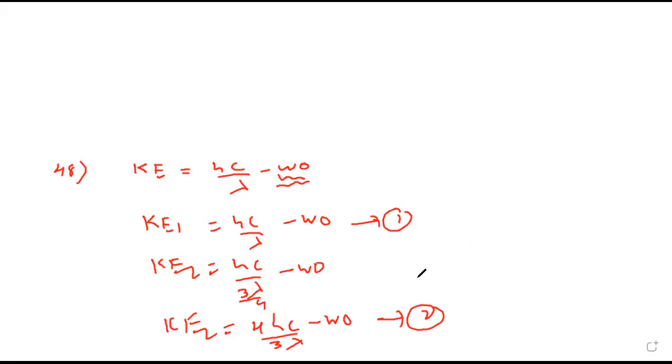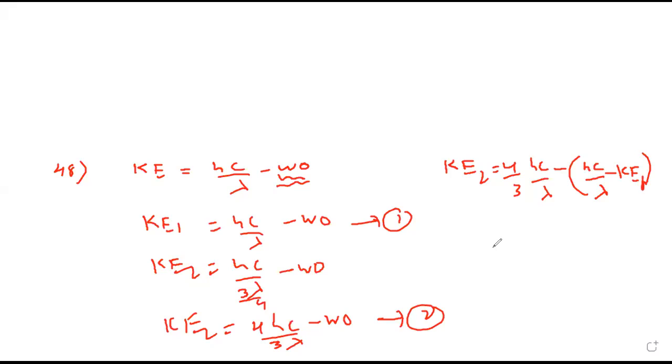See, we want to eliminate work function and get relation of velocities. That means somehow work function has to be eliminated. So Ke2 is 4 by 3 hc by lambda minus work function, and the work function value I'm writing from the first one. Can I say this work function will be hc by lambda minus Ke1?